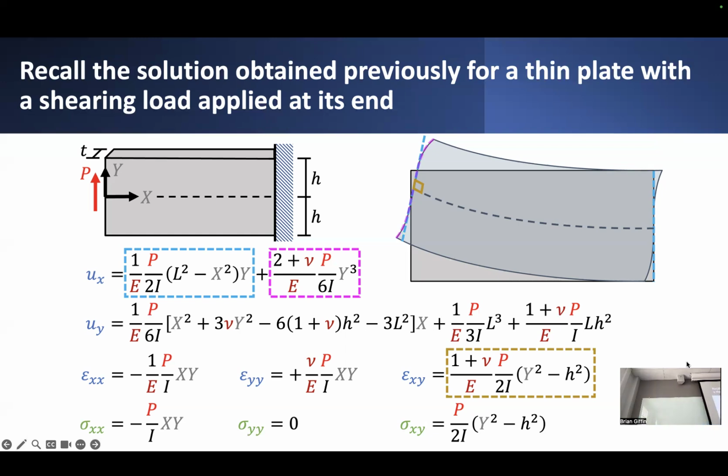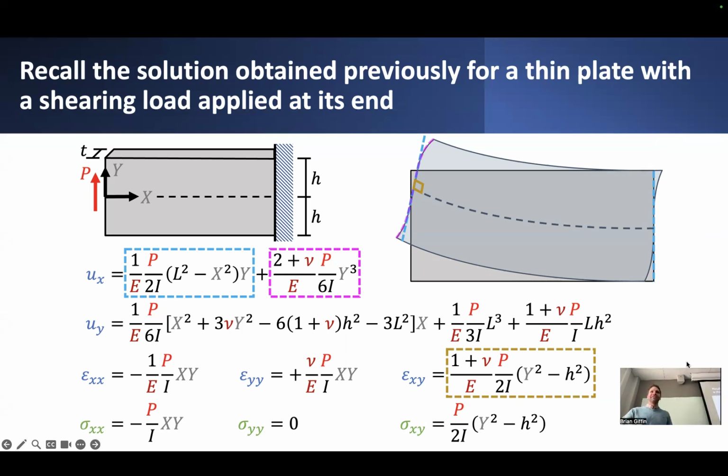It had something to do with how this plane section, if we assume it remains plane after deformation, we also made an assumption about what its orientation was relative to the neutral axis of the beam. What was that assumption? Yeah, it has to remain not just planar, but also perpendicular to this neutral axis or neutral fiber in the beam.